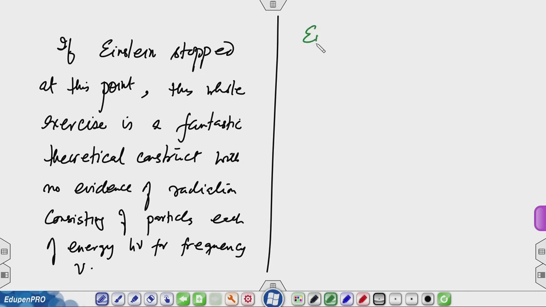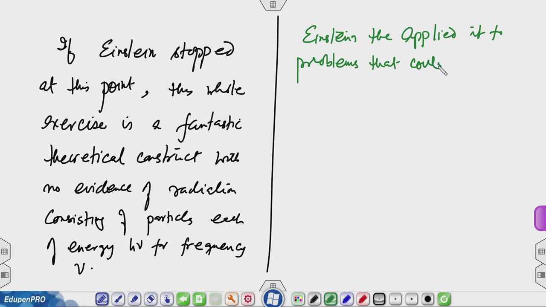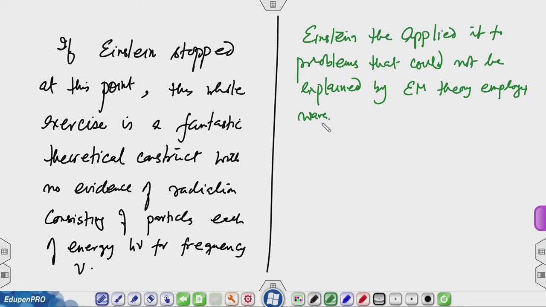So Einstein then applied it to problems that could not be explained by electromagnetic theory, employing waves. So the three problems he attacked were: number one, Stokes' rule, whereby the radiation scattered from molecules has lower frequency.